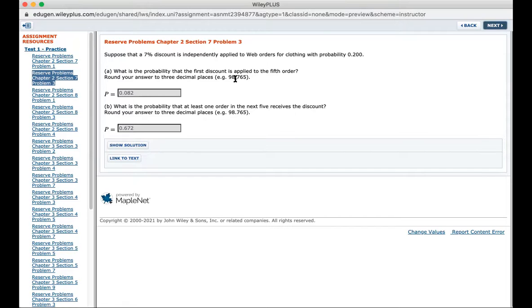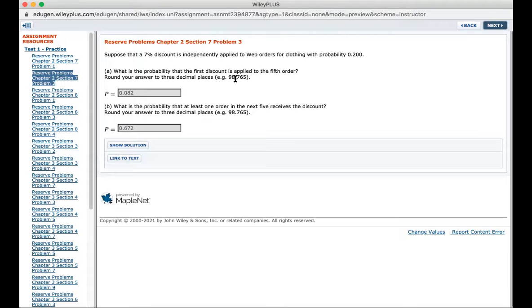So what does independence mean? It means that, in this example, the probability that the guy gets the sample discount in the first order will not affect the second order getting the sample discount.